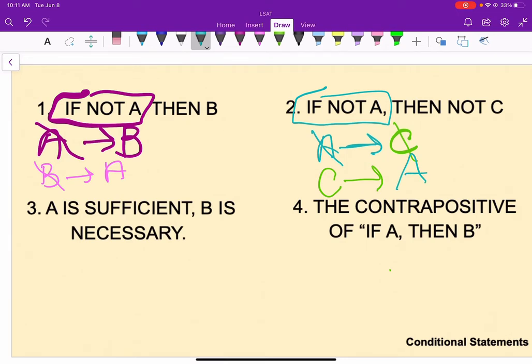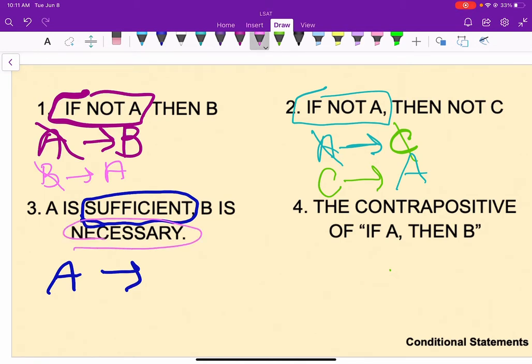All right, and then for number three, remember sufficient just means enough. So we have A is sufficient. So if A, then it says B is necessary, so B is needed. So if A, then B, and then the contrapositive is if not B, then not A. And then lastly, this one was a little bit tricky.